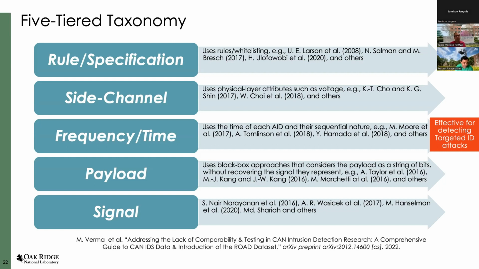It can be made through rule, specification, or whitelisting. Of course, all of these have advantages and limitations, but just for your reference, side channel research has focused on mining physical layer attributes such as voltage in this network to identify these attacks. Here, our focus was mostly on affecting frequency, and how we can leverage that understanding for detection.